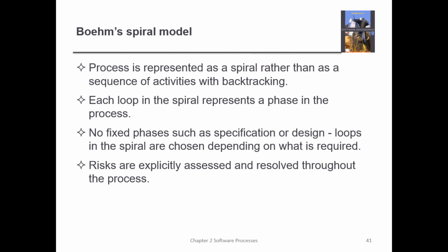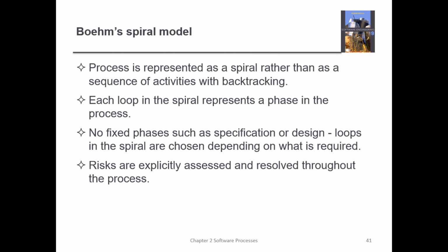Now we are saying no fixed phases such as specification or design. Loops in the spiral are chosen depending on what is required. So we have no phases that are fixed like specification or design.